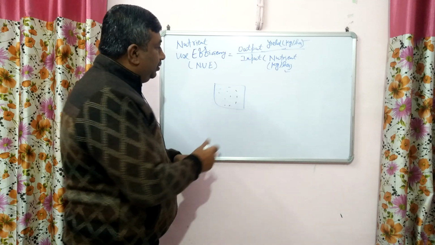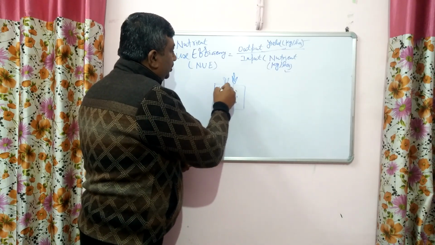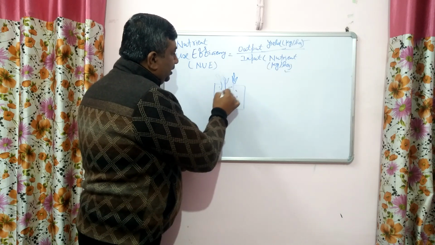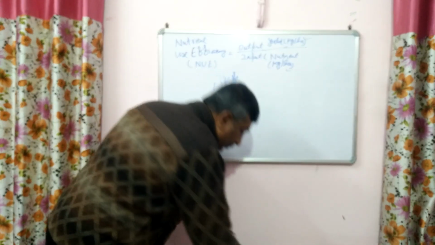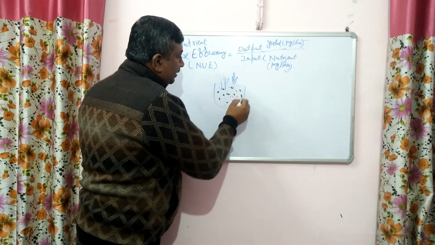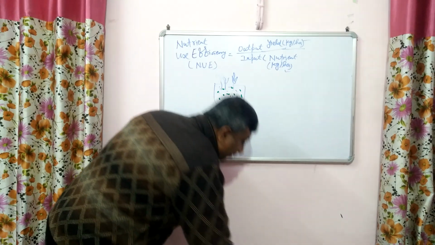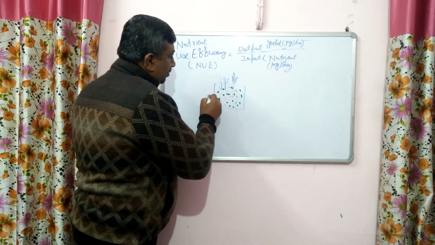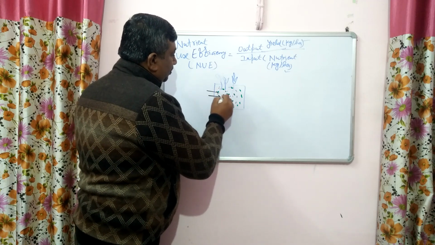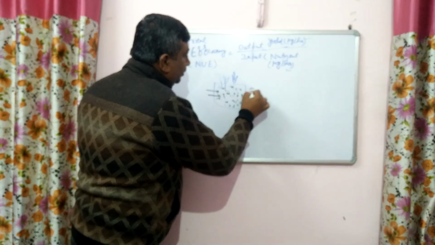When we grow the crop, some nutrients are already present in the soil as the native pool, and some we apply through fertilizer.